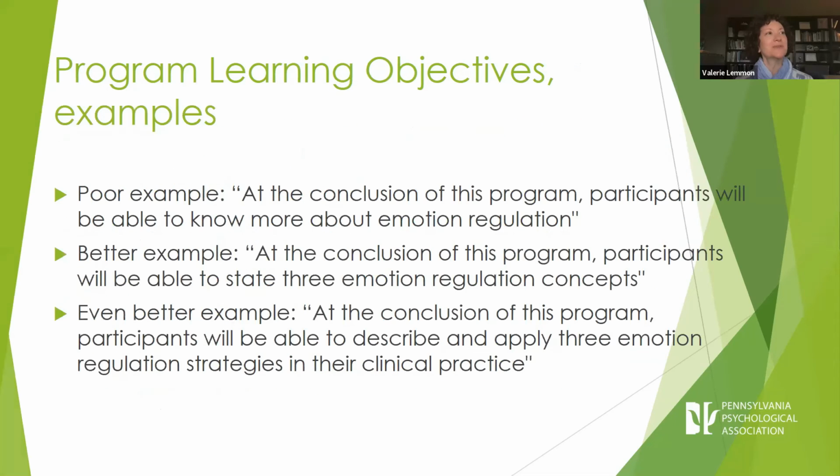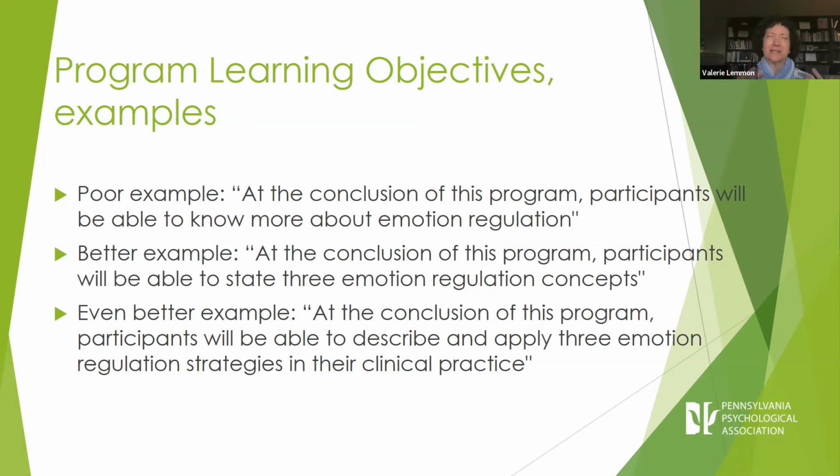Yeah, so here I just made up these objectives. This is just something that we're thinking about, what might cause the program proposal selection committee to question this. An example: at the conclusion of this program, participants will be able to know more about emotion regulation.